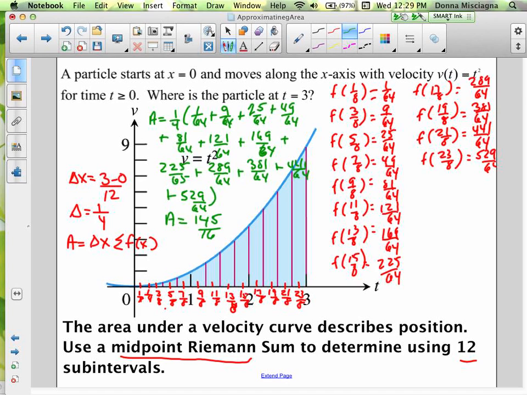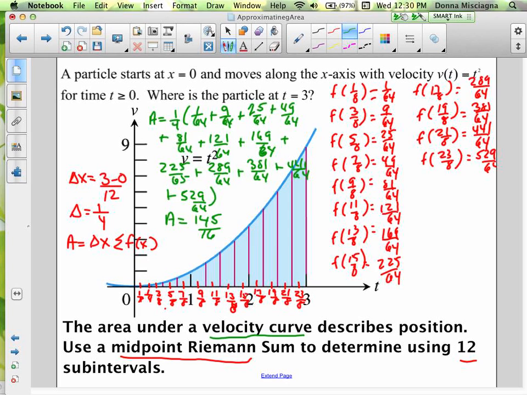All right, so now what does that mean in terms of this problem? This is the velocity curve. The area under the velocity curve describes position. So if the area under the velocity curve is 145/16, let's look at our units here.